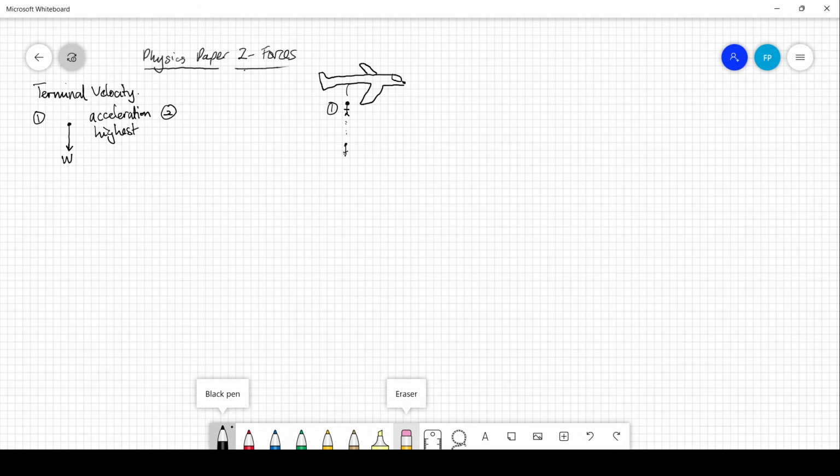Now, as they start to fall down, they'll start to pick up speed. So as speed increases, air resistance increases. That's their drag. That's them passing through the Earth's atmosphere.